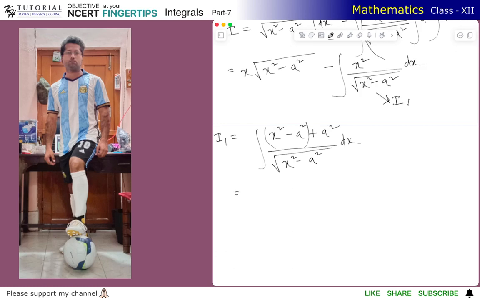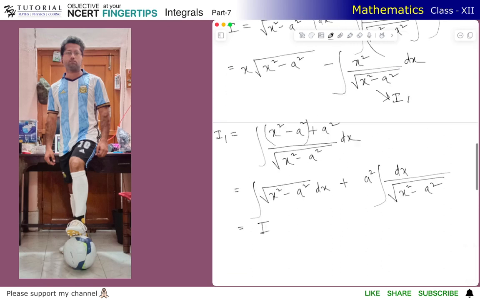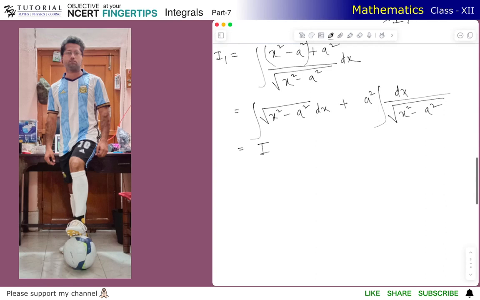Now if we split it, we get again back to the same original integral, I, and the second one is a square by square root of x square minus a square.